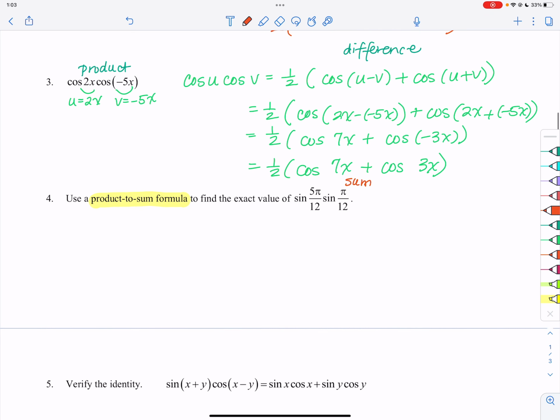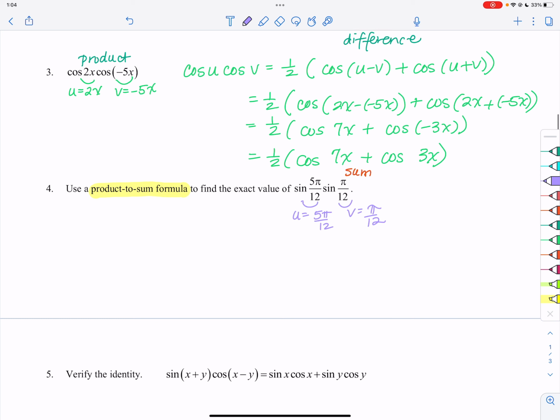Now we're going to use a product to sum formula to find the value in number 4, where u is equal to 5 pi over 12, and v is equal to pi over 12. Maybe I will move this so I don't lose a whole line of work.